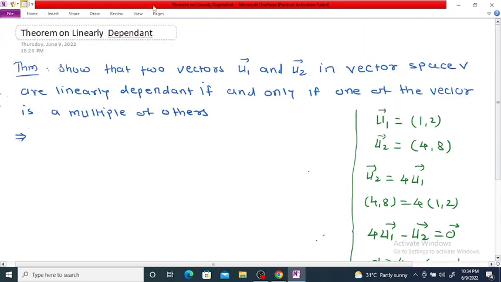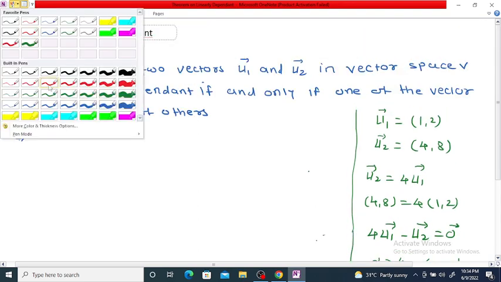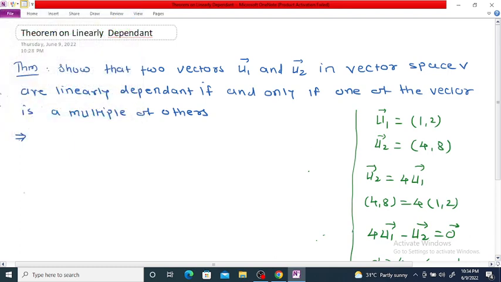So what is given here? First we are going to prove the necessary part. Given: u1 bar and u2 bar are linearly dependent.